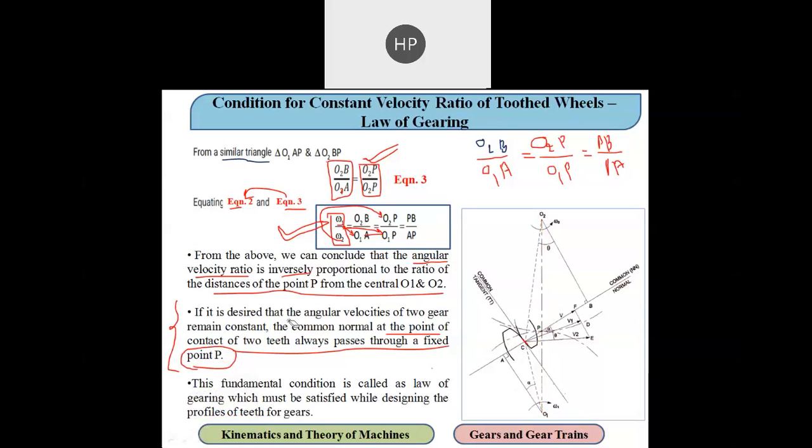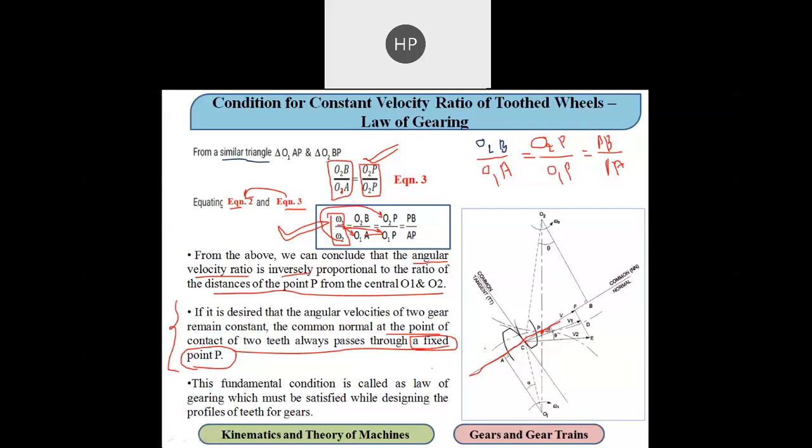If it is desired that the angular velocity of two gears remain constant, the common normal at that point, meaning this line, must pass through a point, and that point will be a fixed point which is known as P.